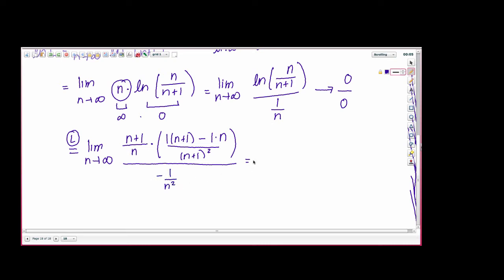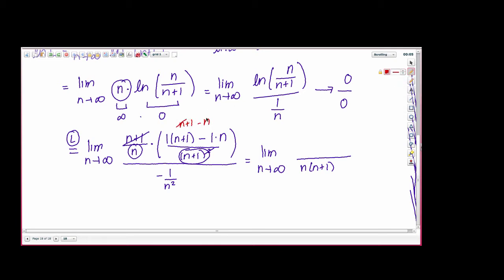So let's do some algebra to simplify and see what we've got here. We get the limit as n goes to infinity. We have an n plus 1 over (n plus 1) squared, so one of those is going to cancel. And on the bottom, we're just going to have n times n plus 1. And now on the top, when we multiply out, we get n plus 1 minus n.